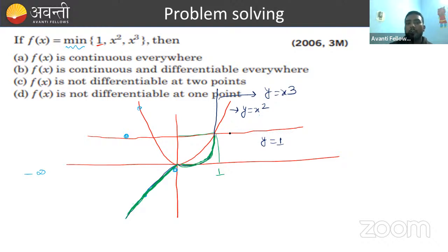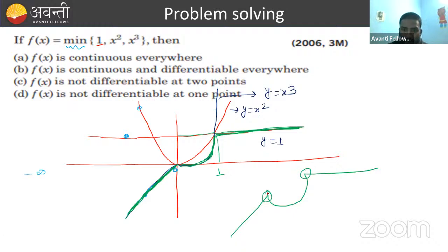After that, the other two graphs go upper and this graph is always at 1, so this is the third part. So if you observe the pattern, it comes like this, and like this. So we can say that there are two sharp turns there.